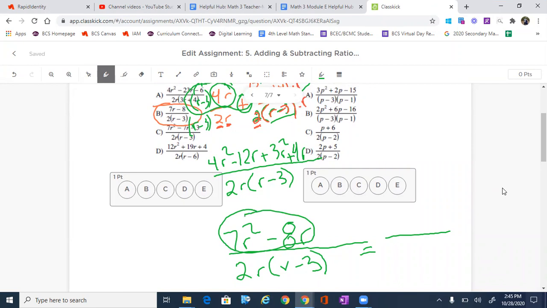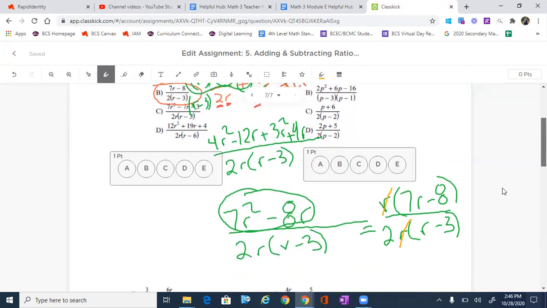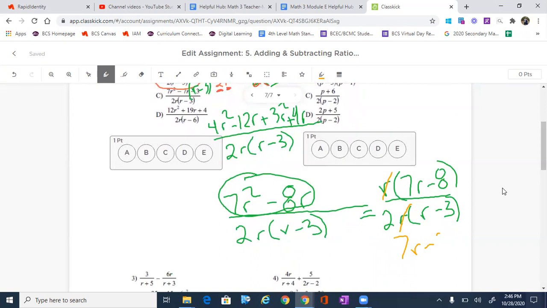That is an r. They both have an r. So I'm going to factor out the r, and that's going to bring us 7r minus 8. Then I've got 2r and r minus 3. For this one, I can go ahead and divide out values that are exactly the same. r divides out with r, and we are left with 7r minus 8 over 2 parentheses r minus 3.